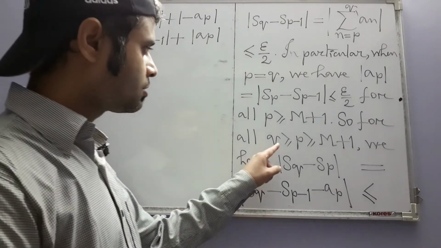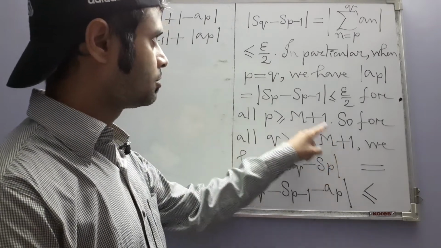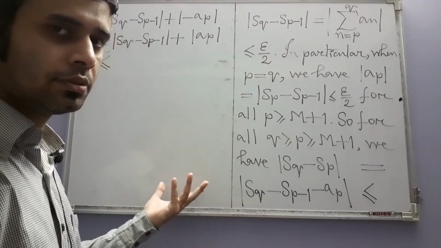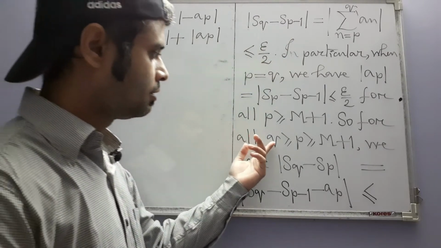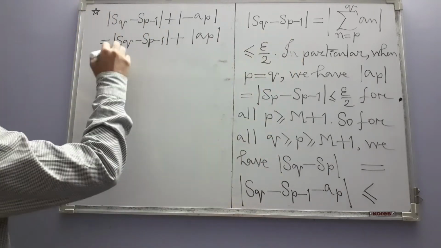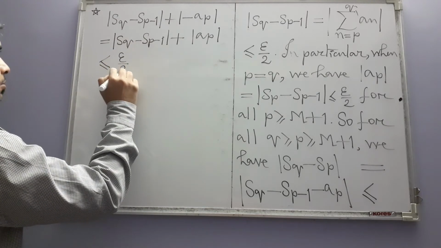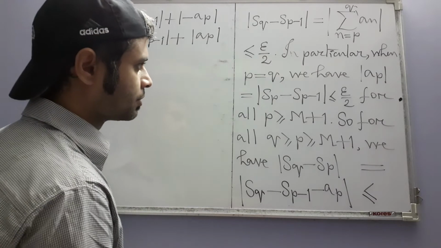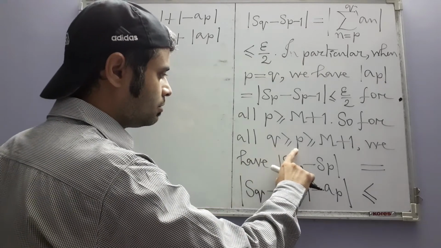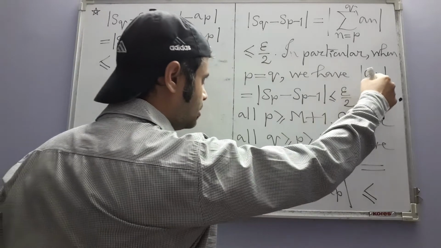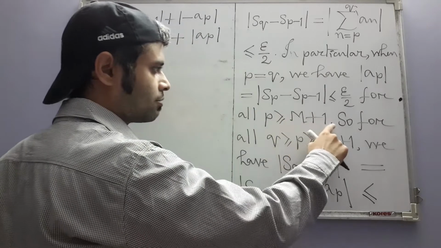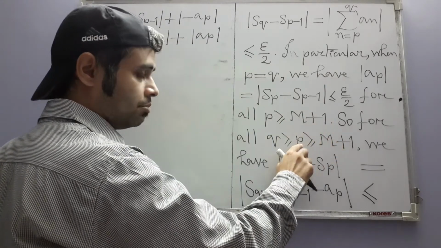Now, because we have these inequalities, this thing is less than or equal to epsilon by 2, although I have wrapped that up. You remember that this is how we started things here and then we got this. So this is less than or equal to epsilon by 2, and again you see this thing is less than or equal to epsilon by 2 when P is greater than or equal to m plus 1, and that is true here.